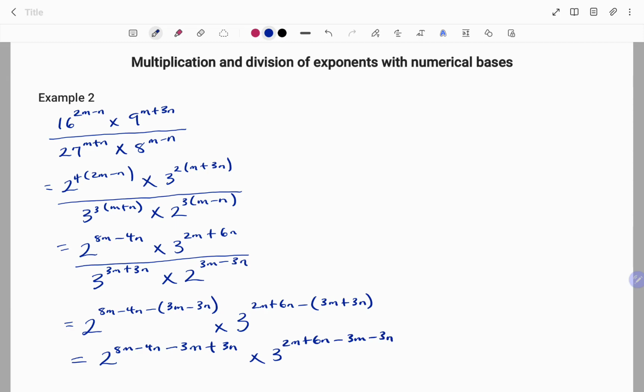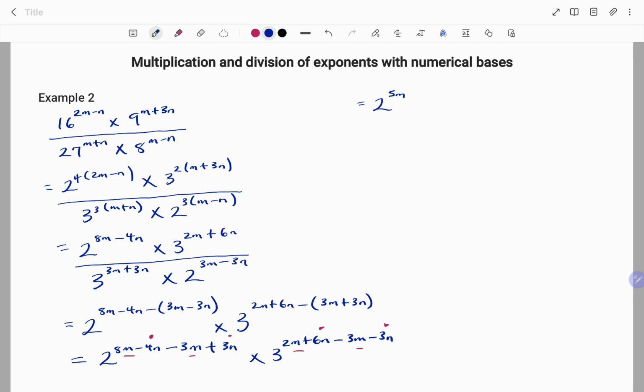I'm going to continue at the top here, grouping like terms. I have m and m, n and n, and on this side I have m and m, n and n. If I rewrite that, this is equal to 2 to the power of 8m minus 3m, that will be 5m.